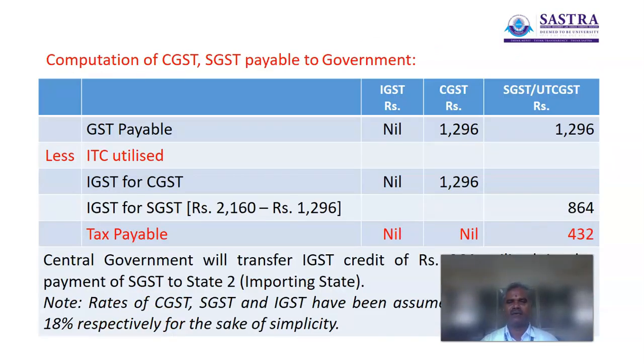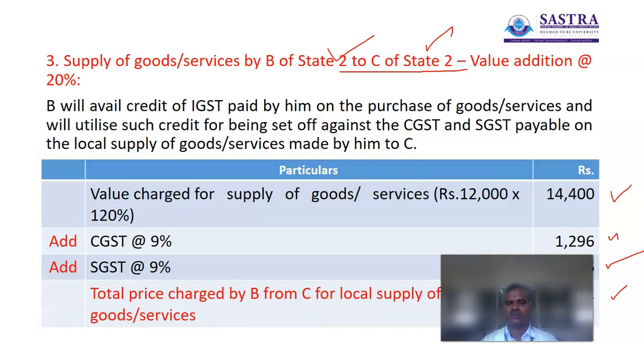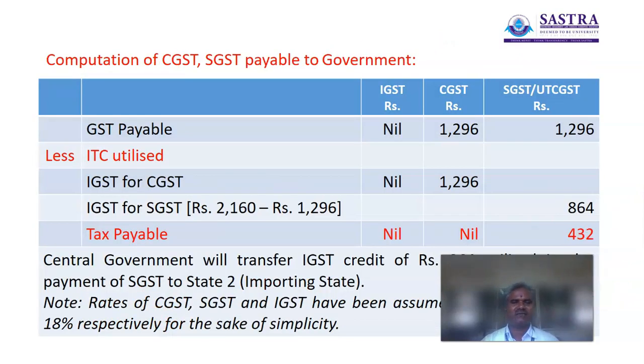GST payable is 1,296 for CGST and 1,296 for SGST. But B already has ITC in IGST, so it has to be adjusted against CGST. B has 2,160 IGST, but 1,296 is already used for CGST adjustment. Now it has to be deducted.